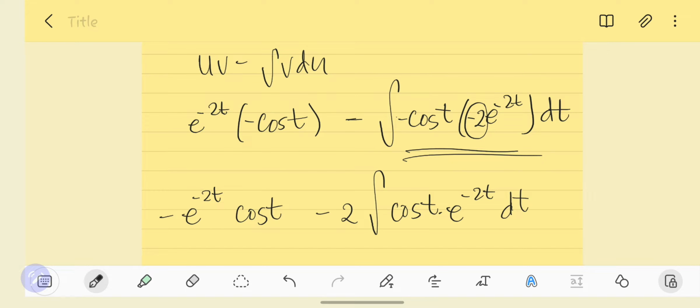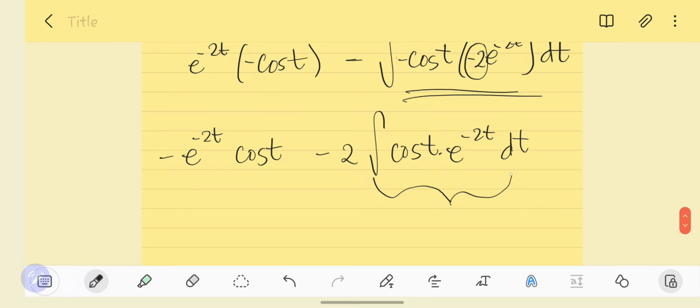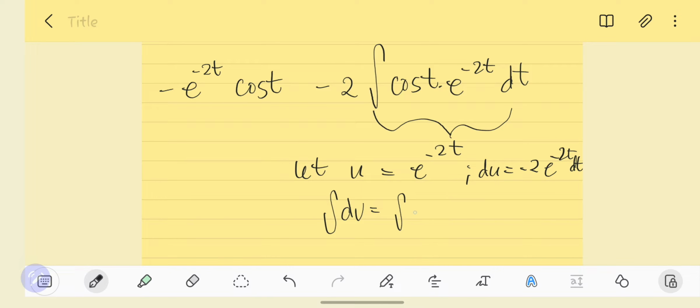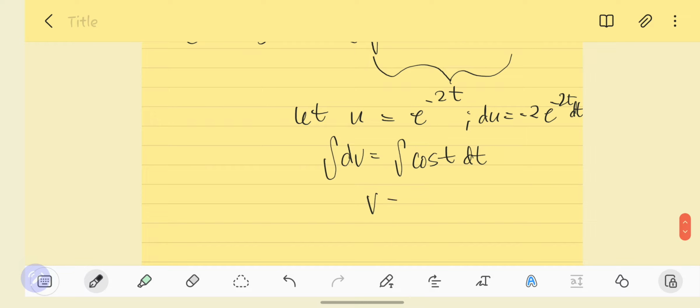Now we will let u is equals to e to the negative 2t, and then our du becomes negative 2 e to the negative 2t dt, and then our dv is equals to cosine t dt. Now our v becomes the integral of cosine t, which is equals to sine t.